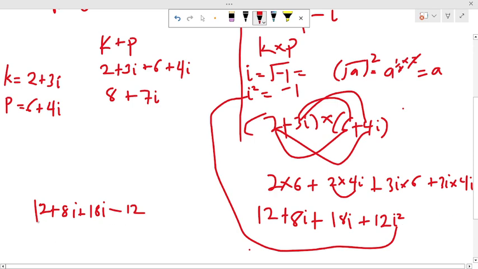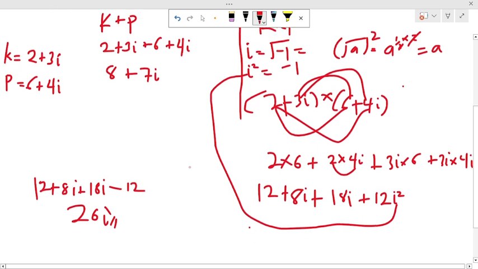So since we have 12 minus 12, we get 0 for that part, then we get 26i to be our final answer for the multiplication of the complex number k and the complex number p.